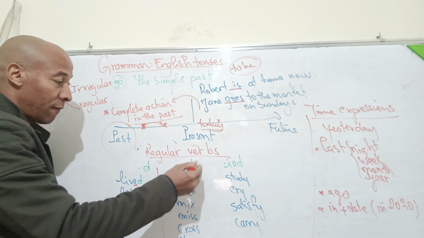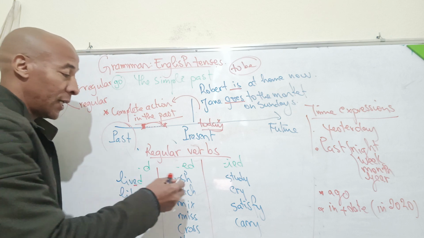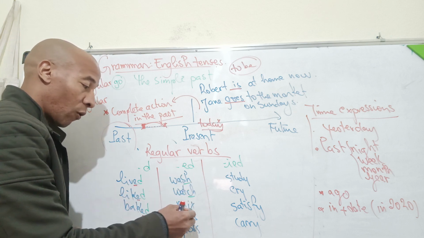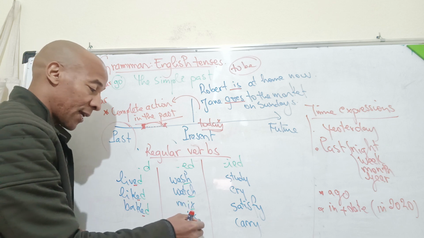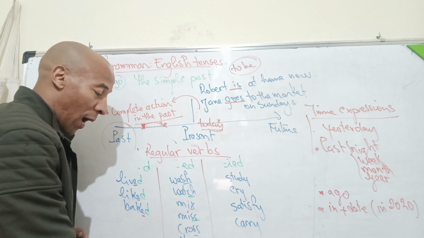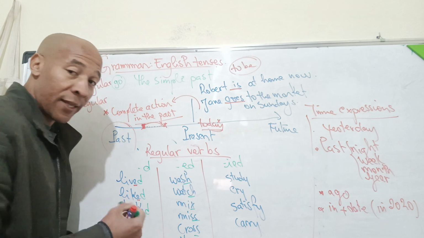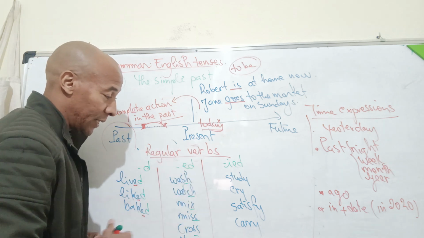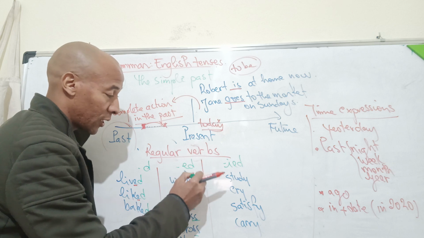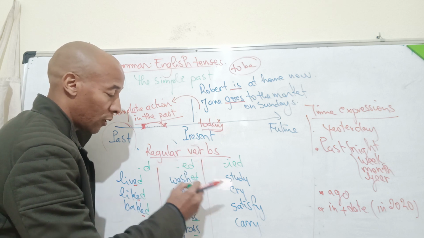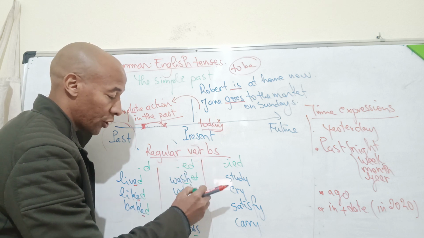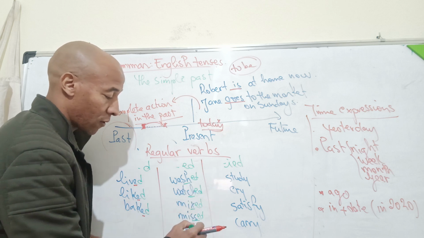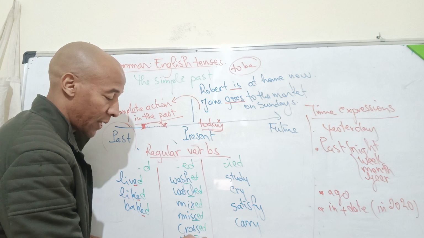But if a verb ends in SH or CH or X or SS or Y, vowel plus Y, then you add ed. So we can say washed, watched, mixed, missed, crossed, played.